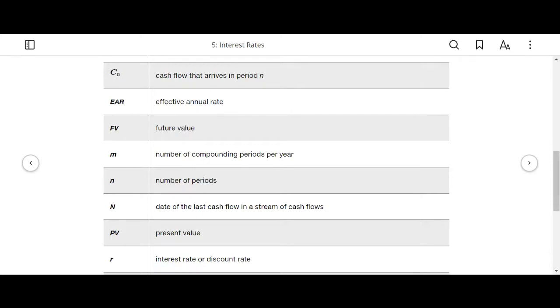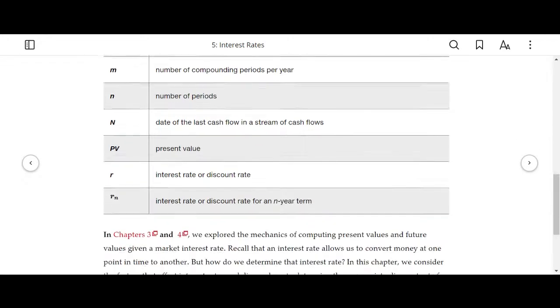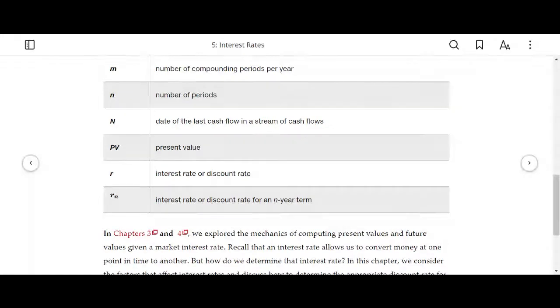We know about N, which is the date of the last cash flow in a stream of cash flows, right? So the number of periods, right? Present value, and then interest rate or discount rate for an nth year term. Which means that you use the exponent in the formula.